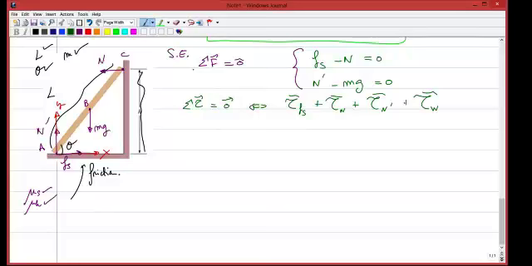And then the next stage is, after you have identified how many terms you're going to have to deal with, to identify the point about which you want to calculate all those torques. 4 forces, and 2 happen to be acting at the same point, A. Therefore, let's pick A, because this will allow us to get rid of 2 torques.